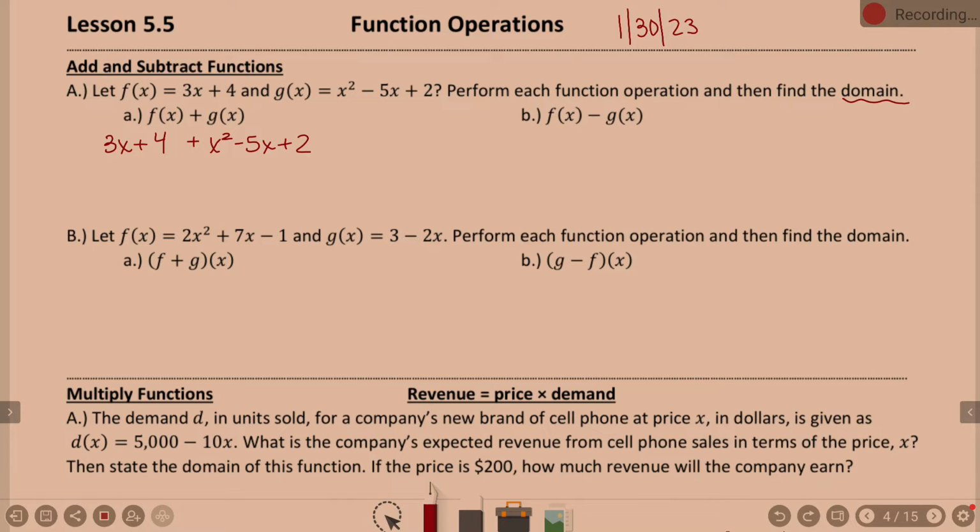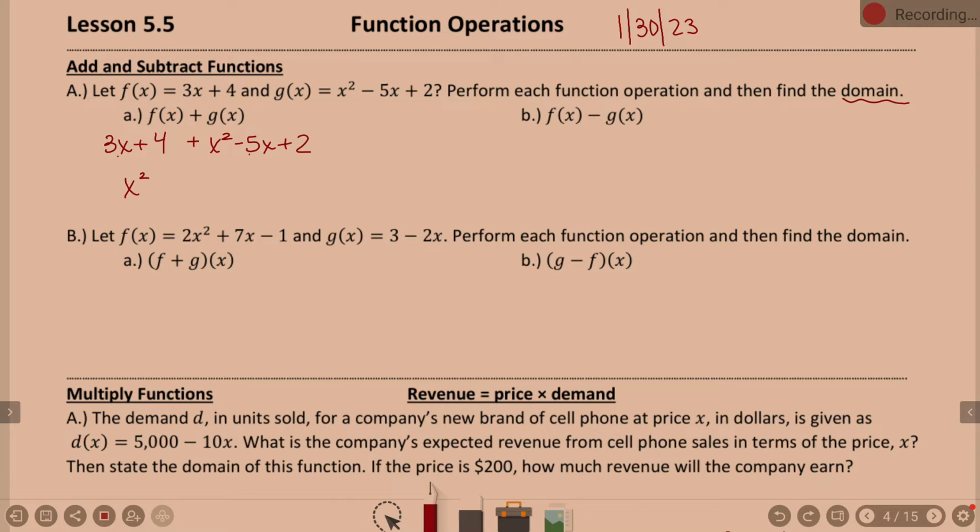So if I go from highest power to lowest power, not that you necessarily have to unless it says, my highest power is the x squared term, right? I only have one x squared term, so I'm just going to say x squared. Then x's. What do I have in the way of x's I can put together?